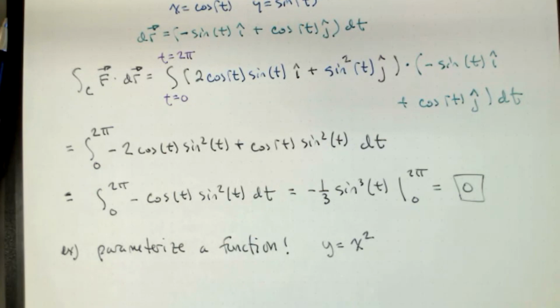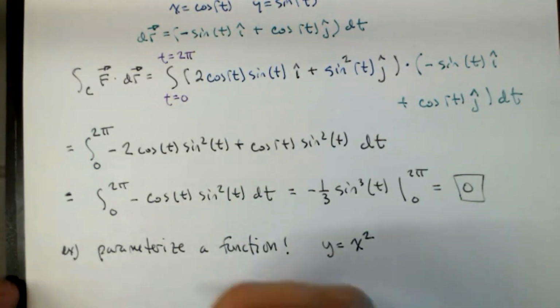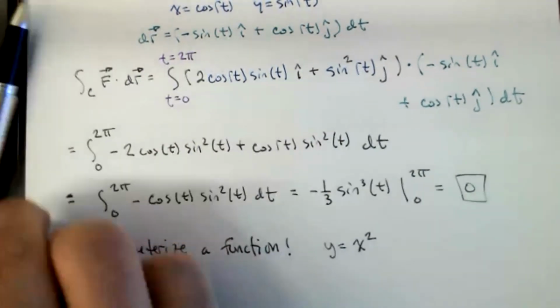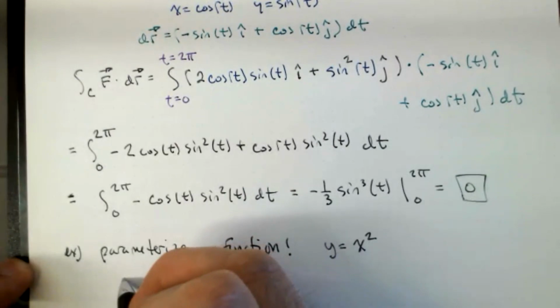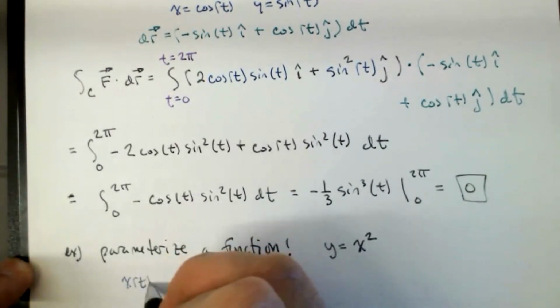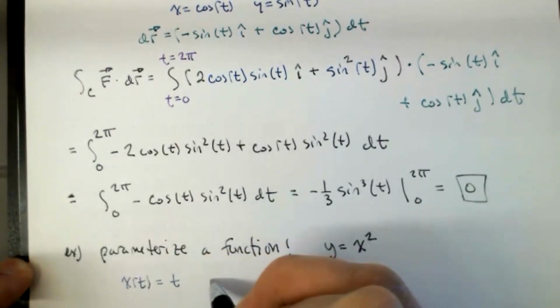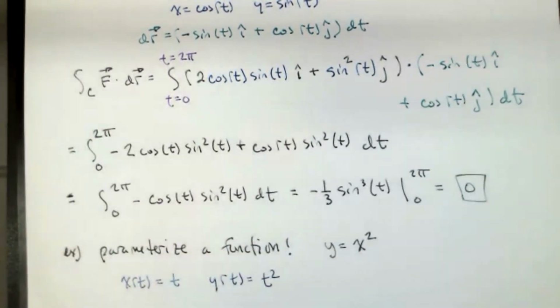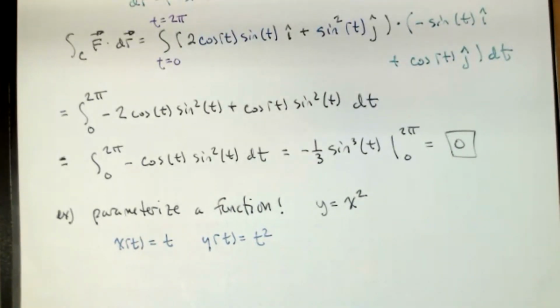And the easiest thing to do is just make x equal to t. Since y is a function of x, just say x of t is just t. Y of t is then t squared. And if I want the whole parabola, just do this for all t.